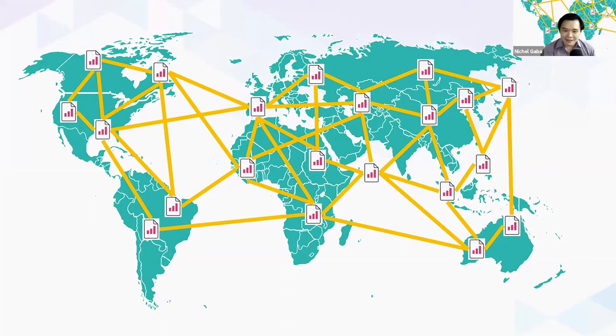Now, that's the reason why it's deemed to be secure, right? Because it's very difficult, if not impossible, to compromise all of these nodes at the same time. And it's also very difficult to replicate the computing power necessary to take over all of these nodes.